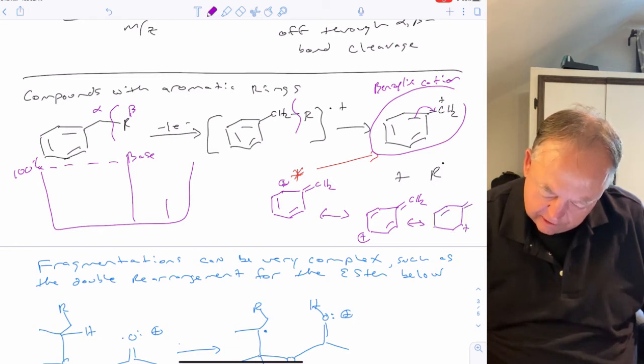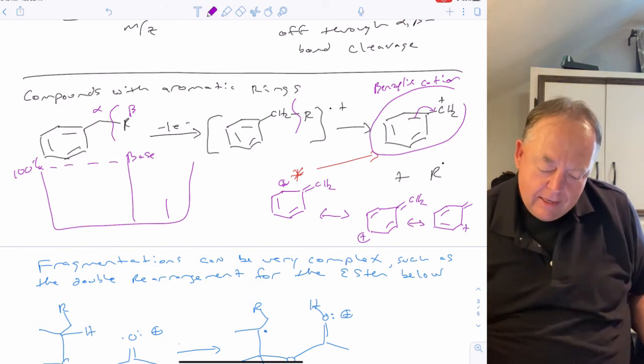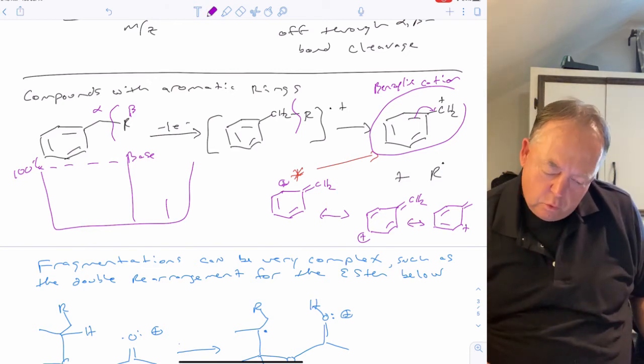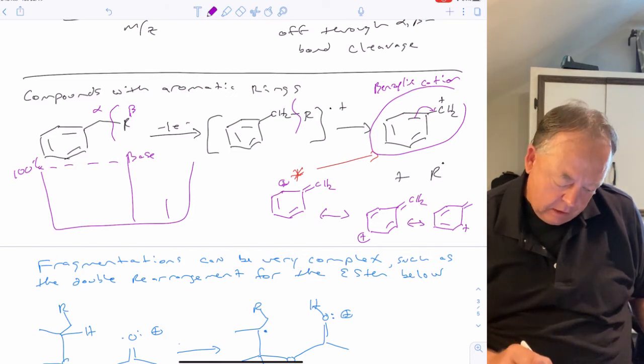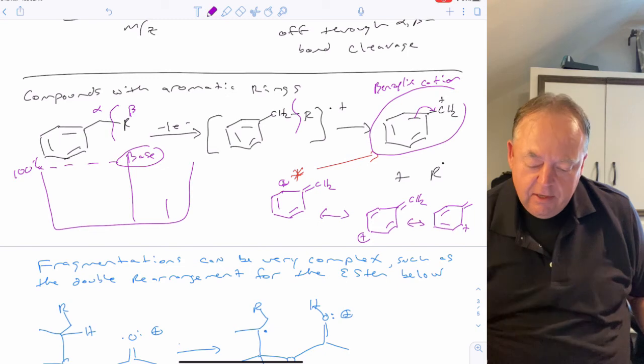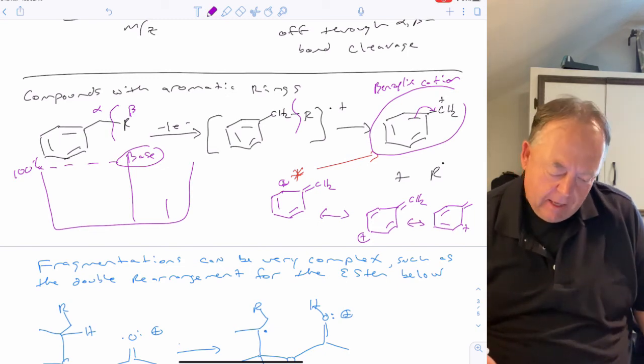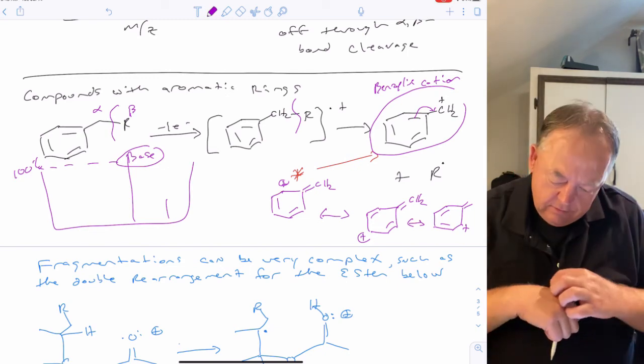Right, 3 significant resonance structures, so it's a very stable carbocation. So that's where the aromatic compounds are going to tend to fragment off, so that will typically always be the largest peak. The base peak is by fragmenting at the alpha beta bond in an aromatic molecule.